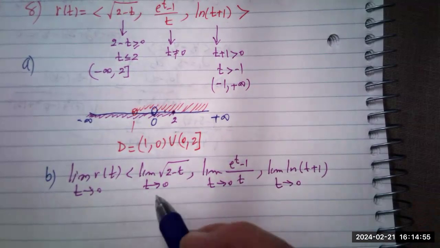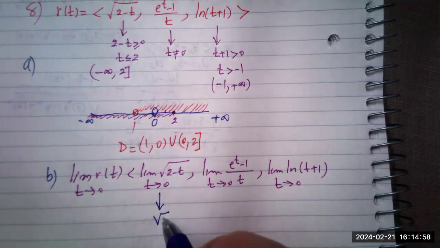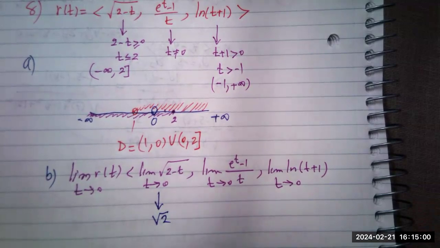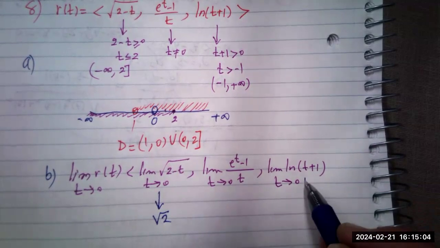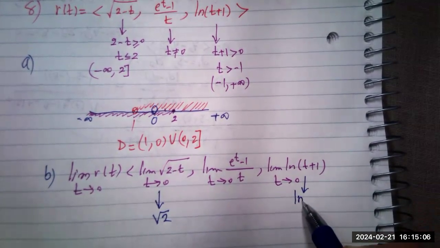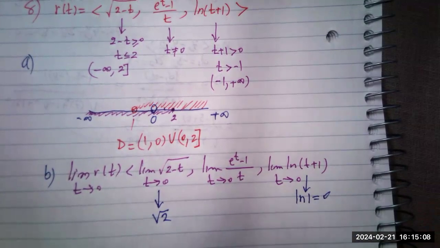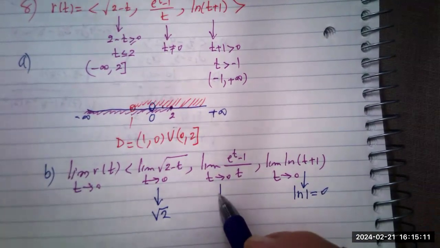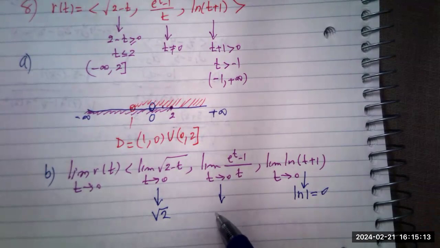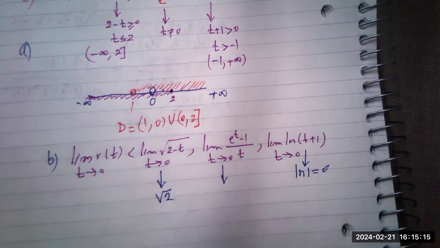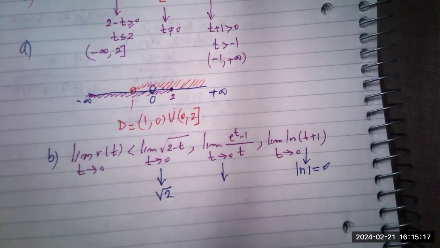The first one is easy, that gives radical 2. As t goes to 0, it's a continuous function. The last one, plugging in 0, gives you ln 1, which is equal to 0. You have to take care of this one, because that would be 0 over 0. You have to use the L'Hopital rule.